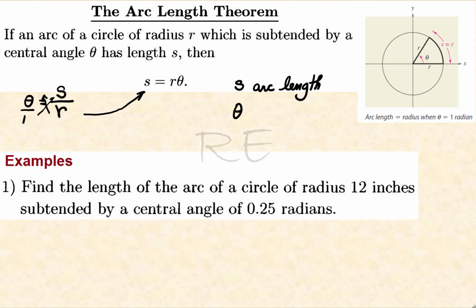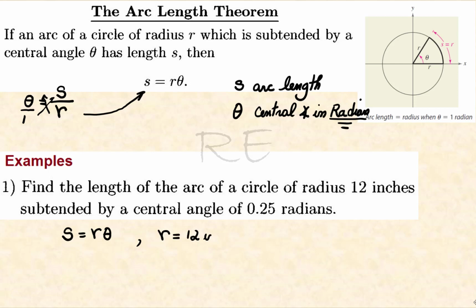Let's write it down. Theta is the central angle in radians. The length of the arc of a circle of radius 12 inches, subtended by a central angle of 0.25 radians. S is equal to R multiplied by the central angle theta.